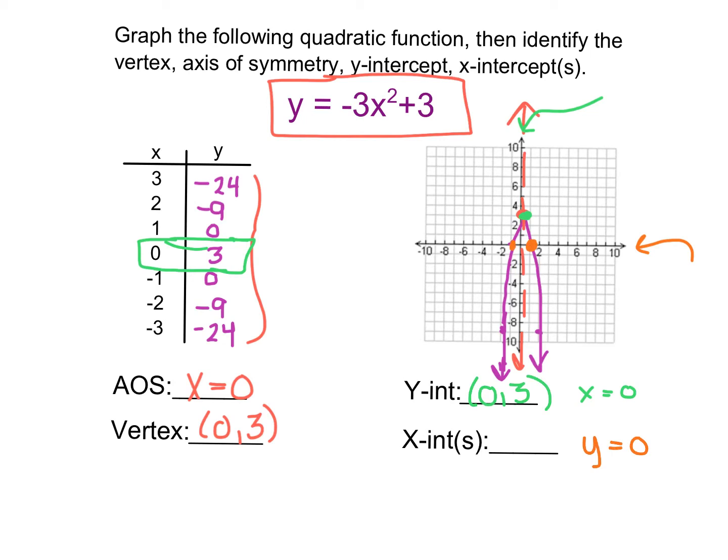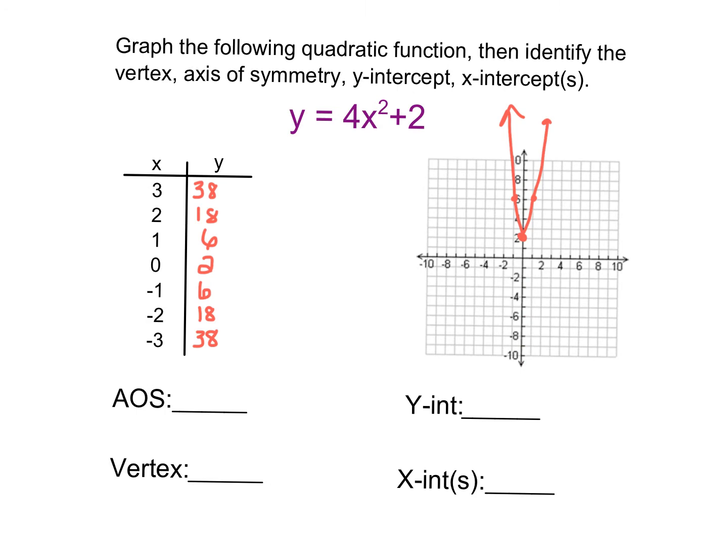So here we have the point x is -1, y is 0, and the point x is 1, y is 0. So we actually have 2 points where we cross the x-axis, so we have 2 x-intercepts. And we can also confirm these by looking in the table for where y is equal to 0. We can see that occurring at these 2 points right here.